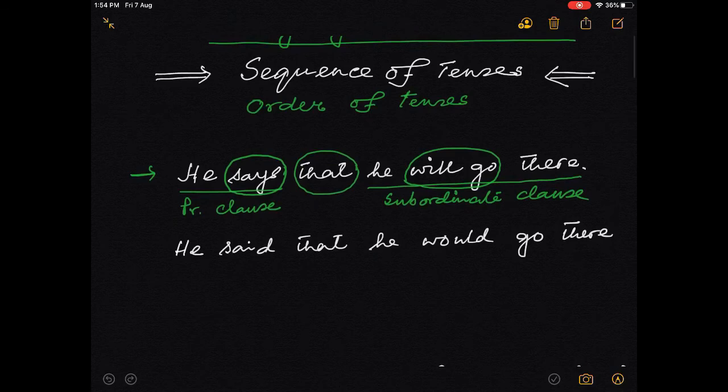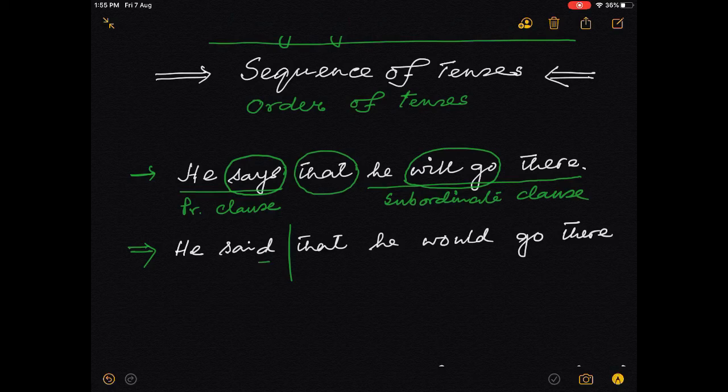Now, here we see that the verb in the principal clause is the present tense, and the verb in the subordinate clause is in the future tense. And see the next sentence, he said, one part, and that he would go there, another part.